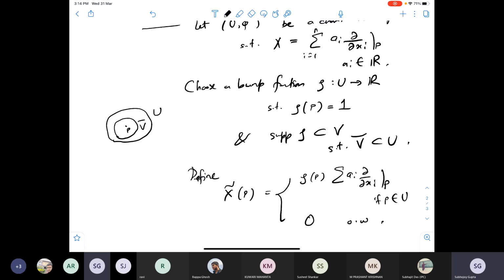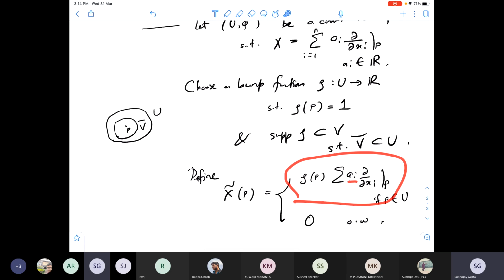This is going to be a smooth vector field. The only non-zero vectors are inside this coordinate chart, in fact inside this smaller set V sitting inside U, and it's certainly smooth there because if you restrict yourself to U, it's this guy, which is a smooth vector field.